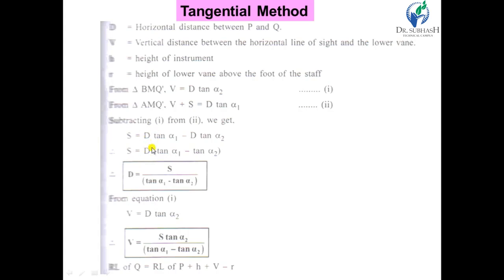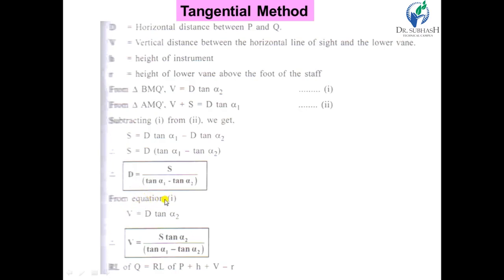Now separating the D terms, we get another equation: S is equal to D times tan alpha 1 minus tan alpha 2. If you want to find the distance from the staff to the instrument station, we have to put the values in the distance formula: D is equal to S upon tan alpha 1 minus tan alpha 2.